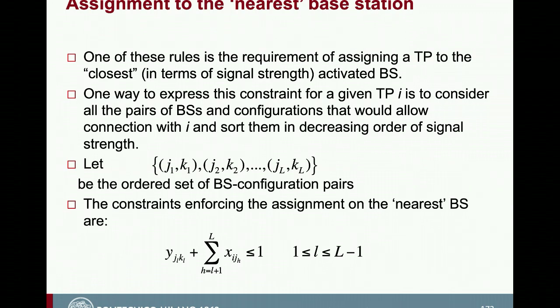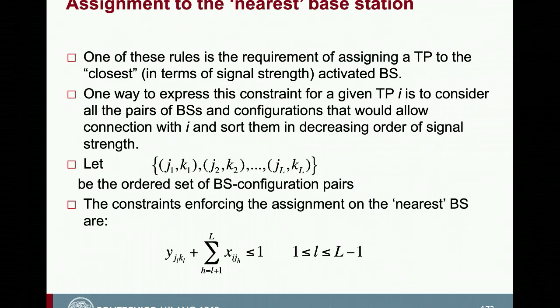In the definition of the variables x, we assume that we can arbitrarily define this assignment, selecting one of the base stations that are covering a specific test point. This is not necessarily what can actually happen in a real network, because, as you know, typically the cell selection is a procedure that is done by the mobile terminal, considering the signal strength of the base stations in the neighborhood.